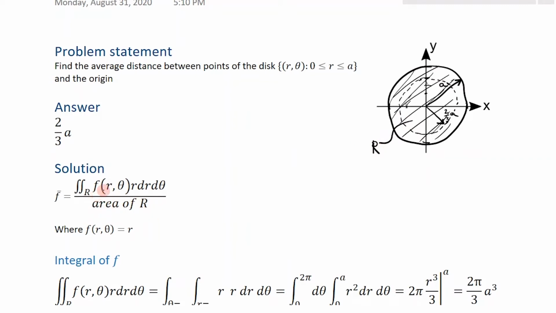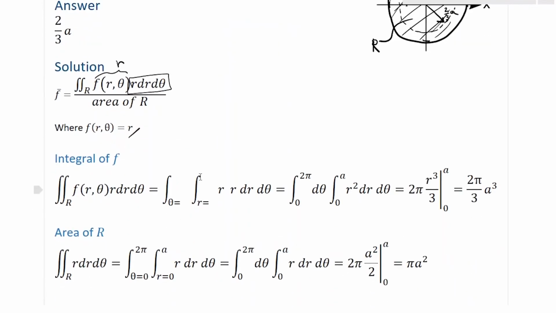Now, since we're integrating in polar coordinates, here will be your differential area, r dr d theta, and the integration is in terms of r and theta. In our particular case, since we're looking for the average distance between points and the origin, this function f of interest would be r.